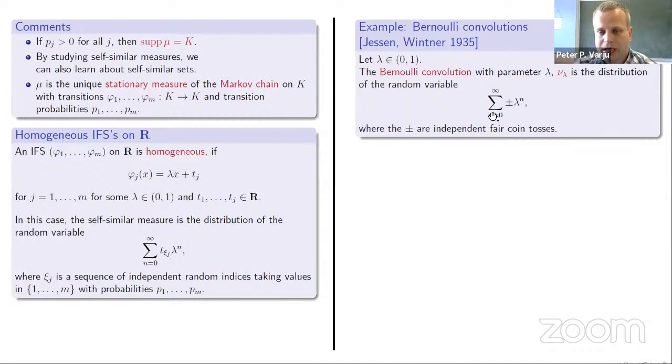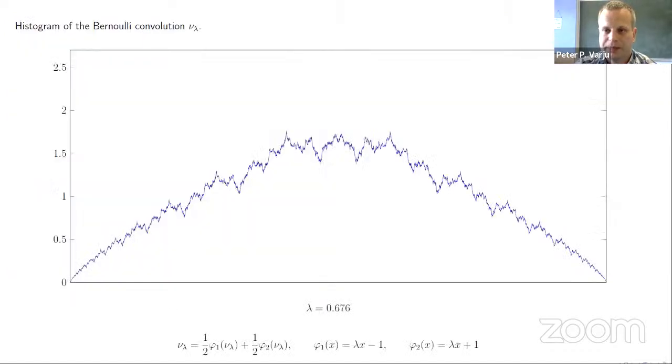So you just take a random sum of lambda to the n's with random signs. So the plus and the minus are random, and they are independent, taking each value with the same probability. So this defines a random variable. It has some distribution, and that's the measure that I'm interested in.